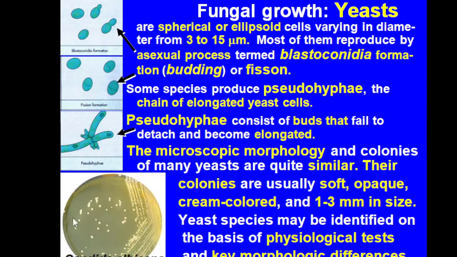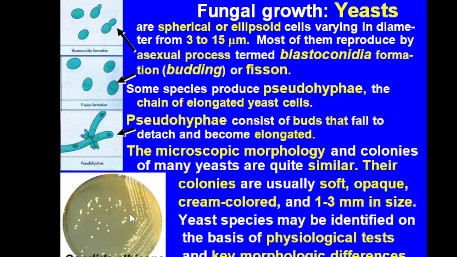See, we see by eye the characteristics of the colonies. Like you remember, they are creamy, circular, usually white, soft, opaque, cream colored, and the colonies are 1 to 3 millimeters in size. And that is very typical of fungi that are yeasts.